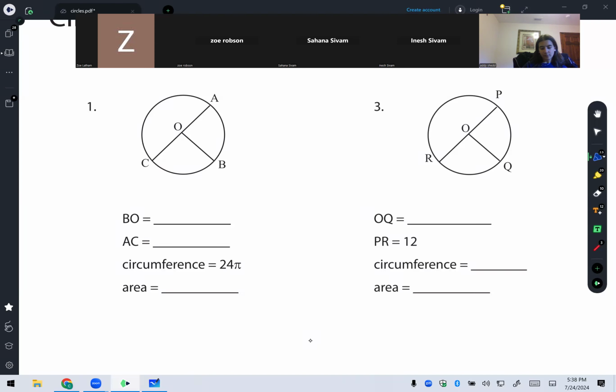So now, let's fill this out, doing the same thing. You're given one bit of information, and you have to extrapolate everything else. The first thing you have to do is get the radius. So on test day, that should be your focus. I'll let you do this. This is how you'll see it on the test.